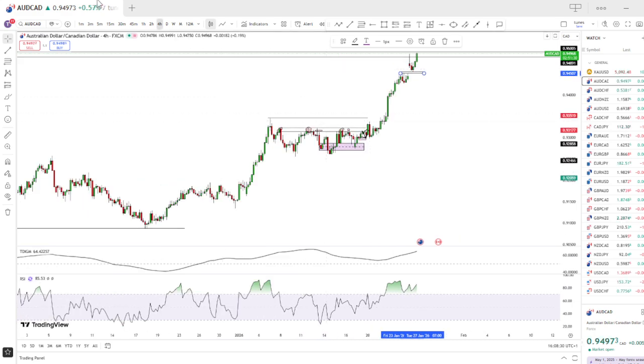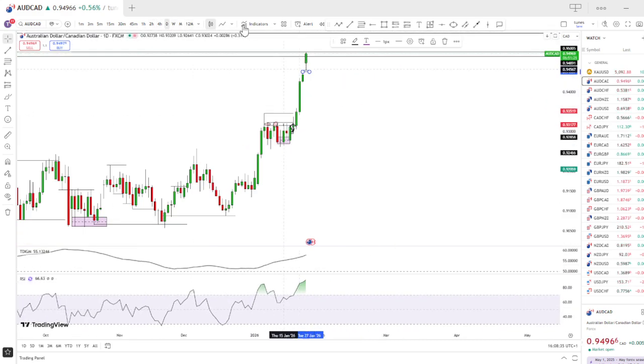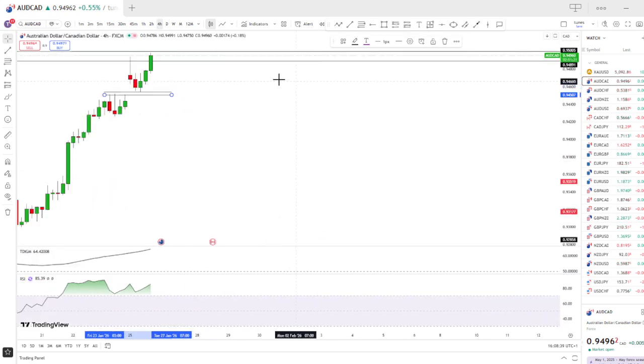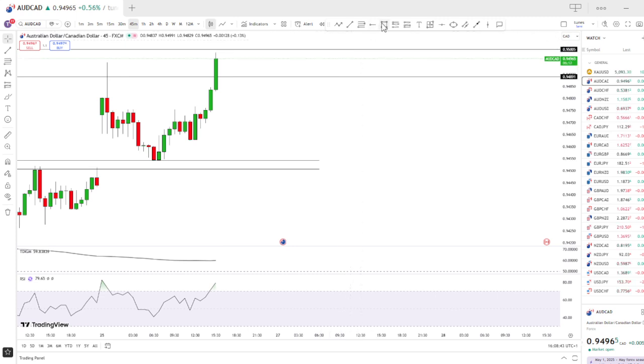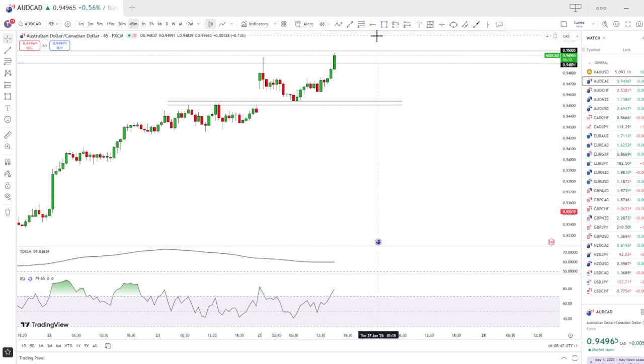So around there. If I'm still expecting the buys to continue, let me go back to the daily time frame. Maybe around here, if at all we get to see a break and retest sort of scenario happening.